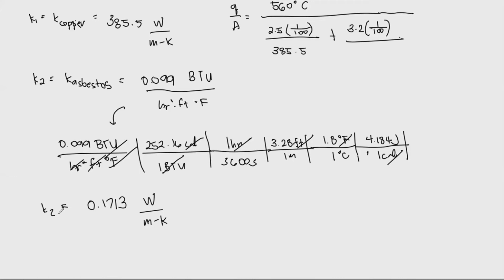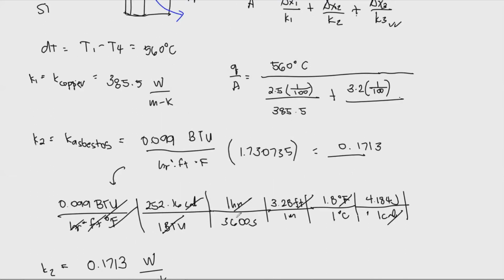And a magic trick that I always like to call in heat transfer: if you are given thermal conductivity in English units, you can simply multiply it by 1.730735, and then you should get this one. If you do that, hopefully we get the same answer. So yes, we also get 0.1713. So that is the shortcut, the quickest way of finding the thermal conductivity in SI units.